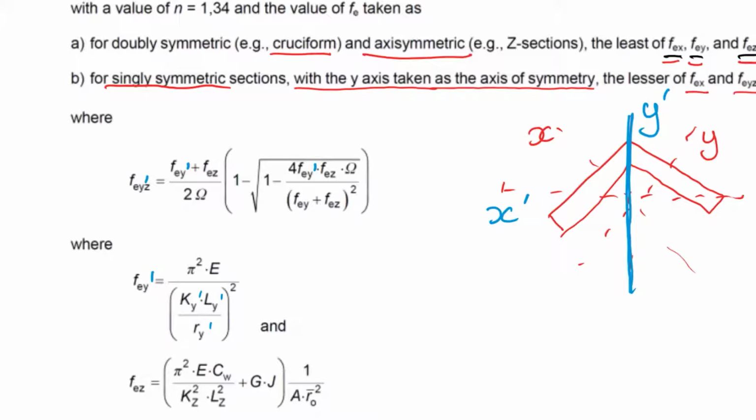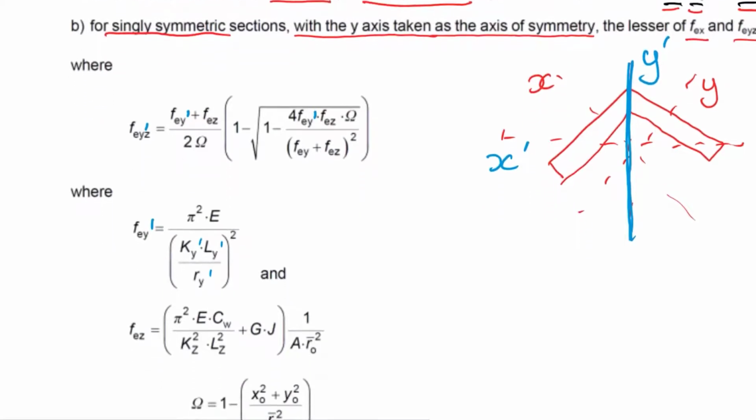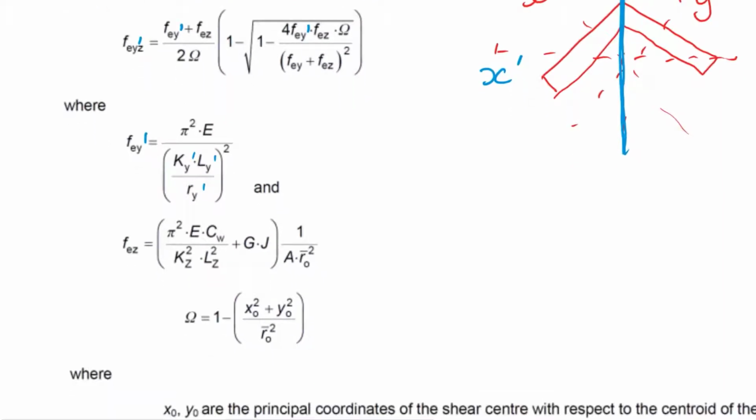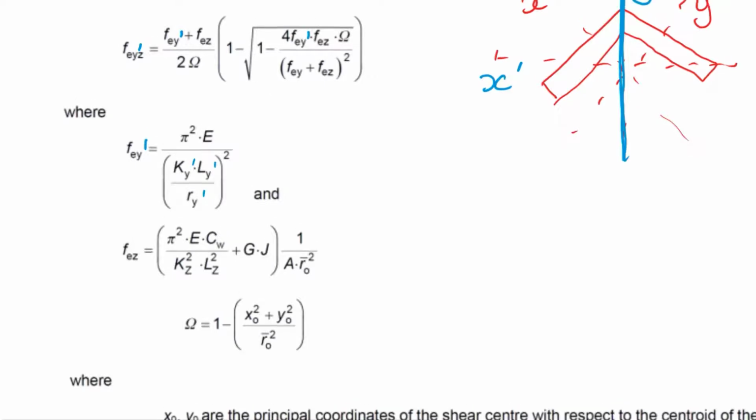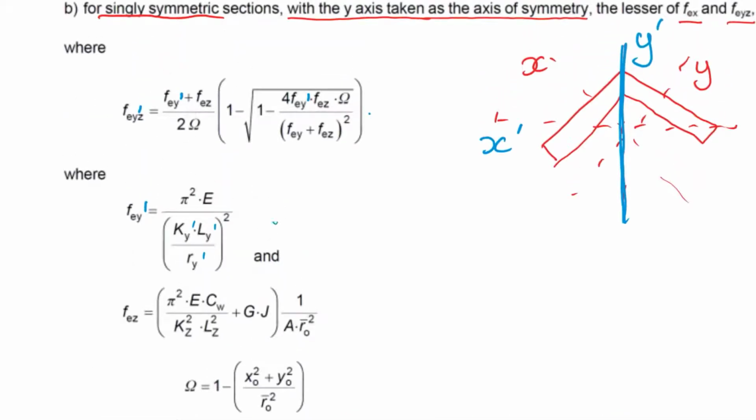And so when it comes to doing these calculations, we've got various requirements here, and this is then for a flexural torsional buckling, a buckling about the y-axis, which I will call the y-primed axis when we rotated it.